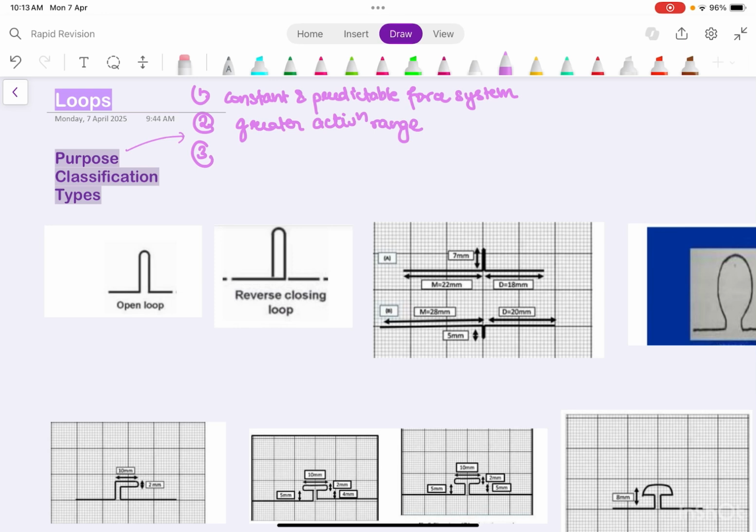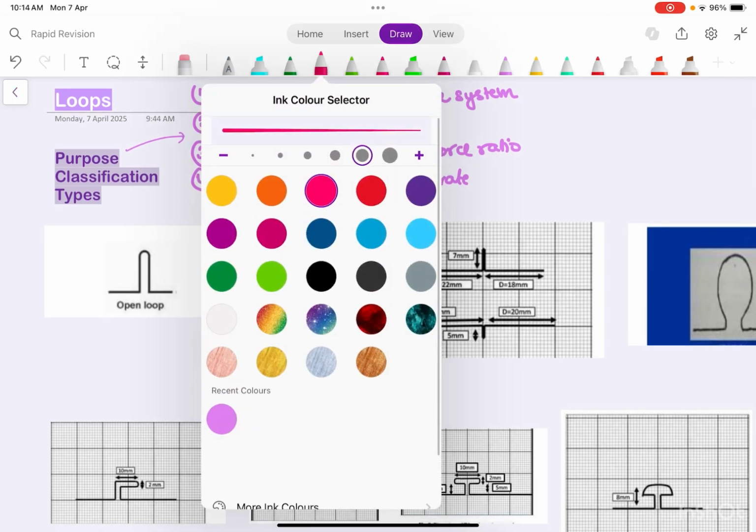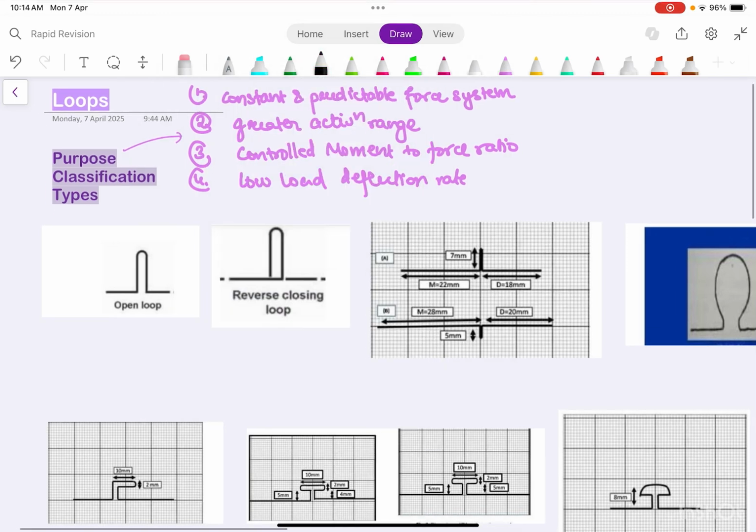Then there is a controlled moment to force ratio, and it has a low load deflection rate. All right, this was asked once as a question: what is the action of loops.